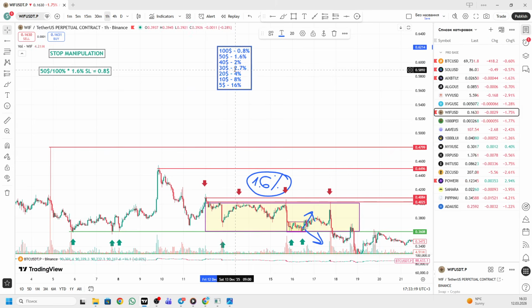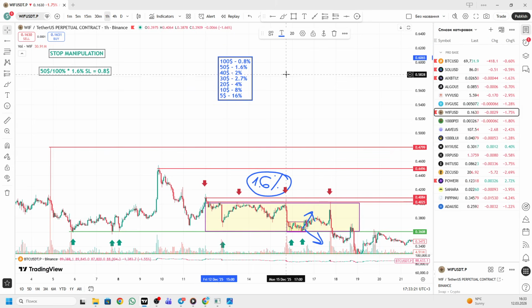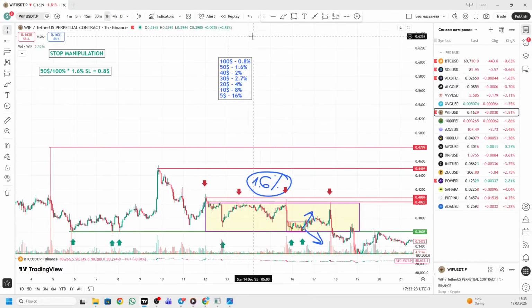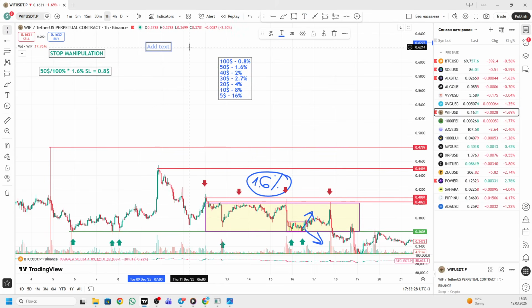Let's do it like this. And one more thing, I want to write down a rule for you. Let's write it like this: double the stop, half the trading size.